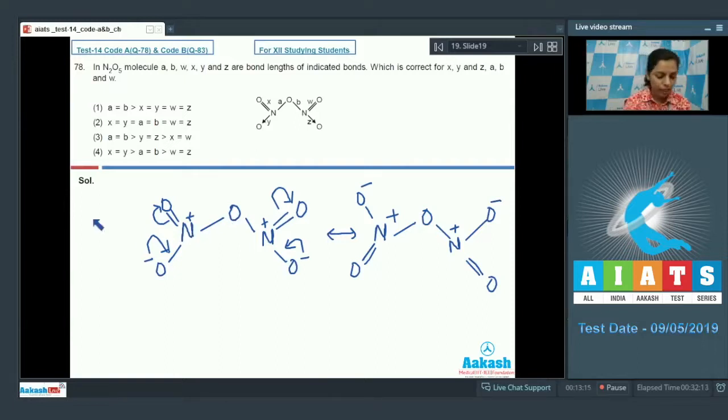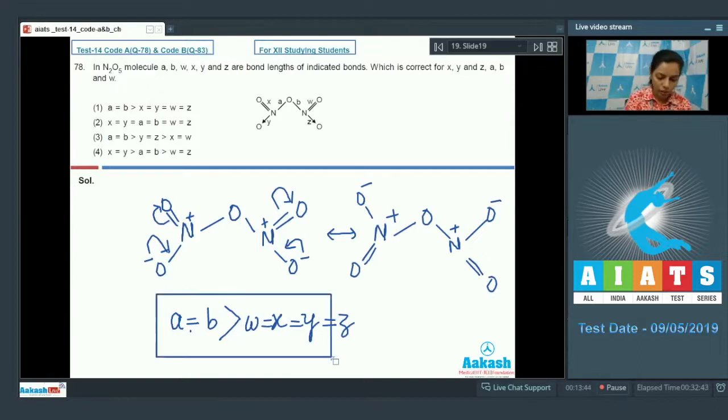So in this case we can simply say A and B are equal, because these are representing nitrogen oxygen single bonds. After that, if I talk about X, Y, Z and W, these are also equal because these are representing the resonance. These are showing the partial double bond character, and these are equal. So the bond length of the single bond is more. That's why this would be the order.